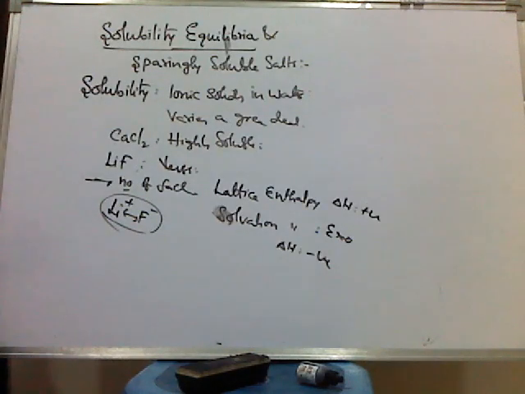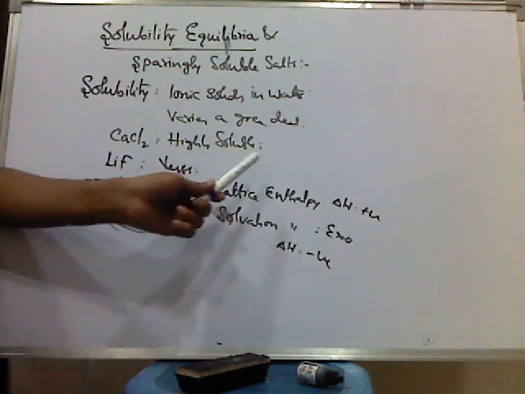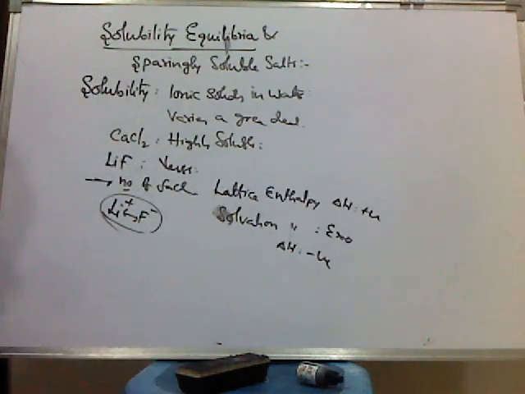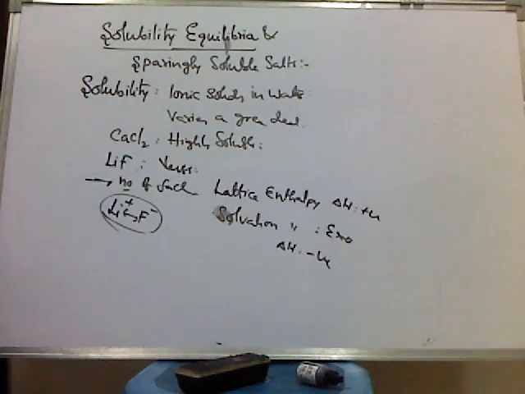So the solubility of a solid depends upon lattice enthalpy and solvation enthalpy. If lattice enthalpy is greater than solvation enthalpy, the solubility of that ionic solid in water is very less.